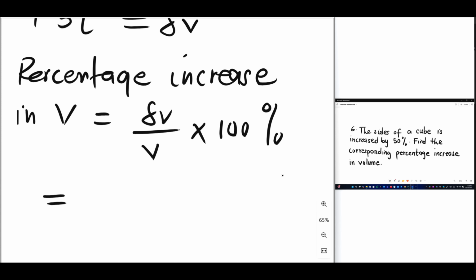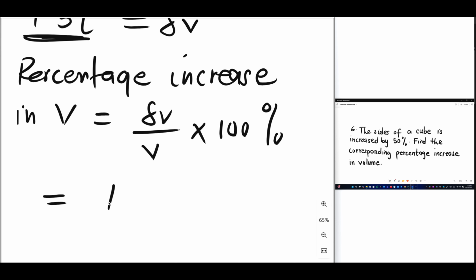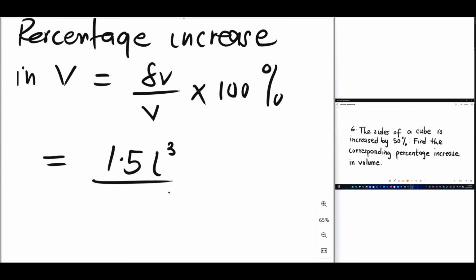Now we know the change to be 1.5L with L having a power of 3, and from the volume formula we have V equal to L cube.